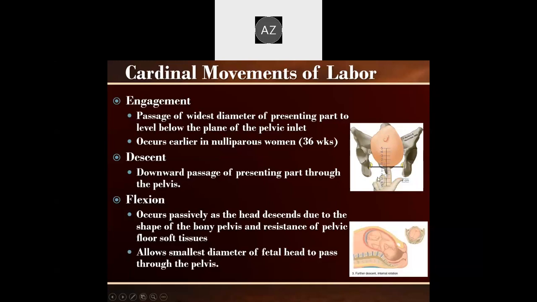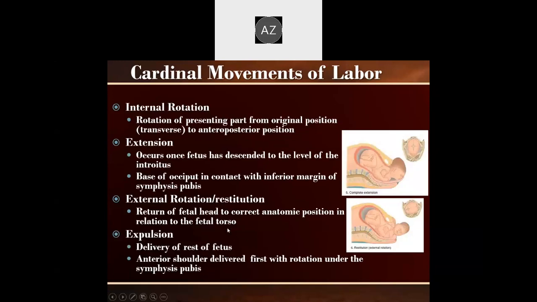And then flexion of the head of the fetus is when the fetus meets the floor of the pelvis, and then the head is flexed and the chin touches the chest. This is full or complete flexion. And then we have internal rotation of the head, so the head rotates internally to face downward.